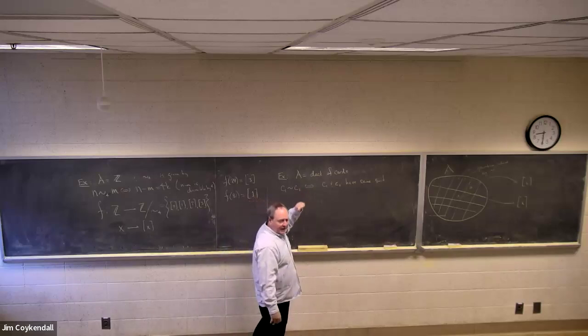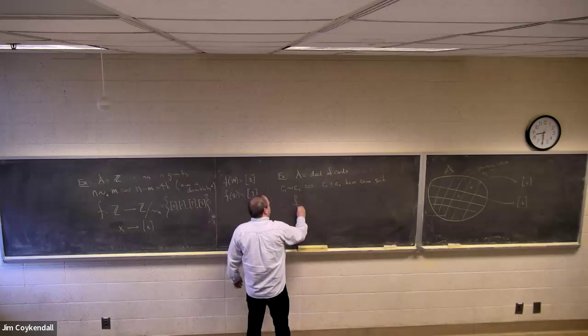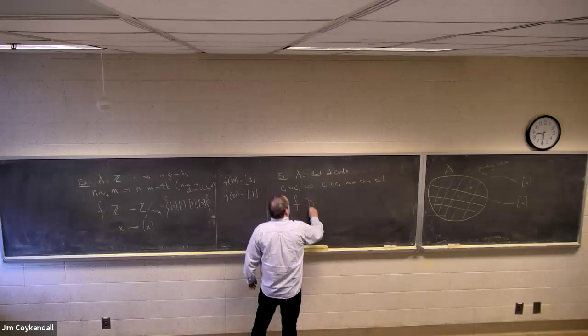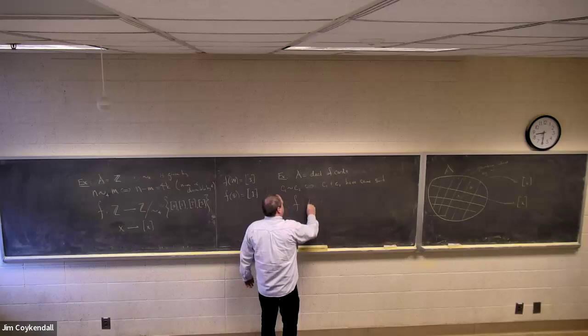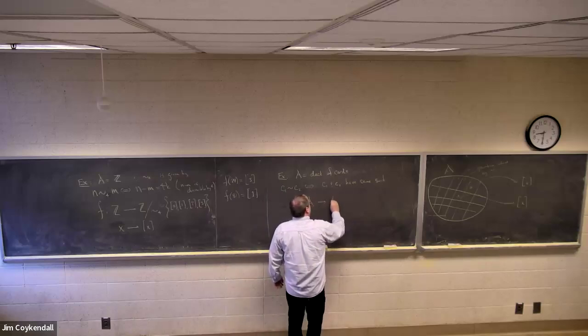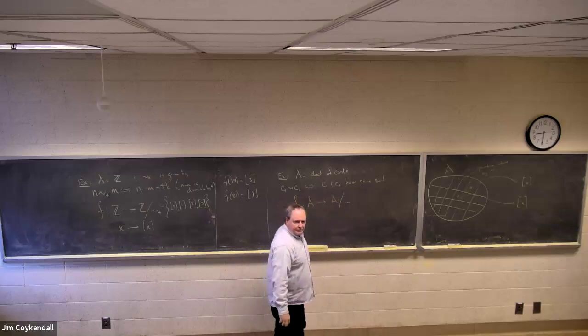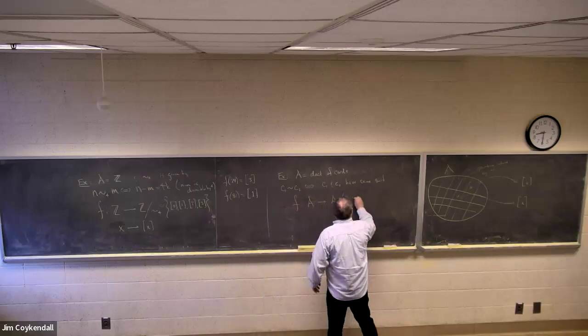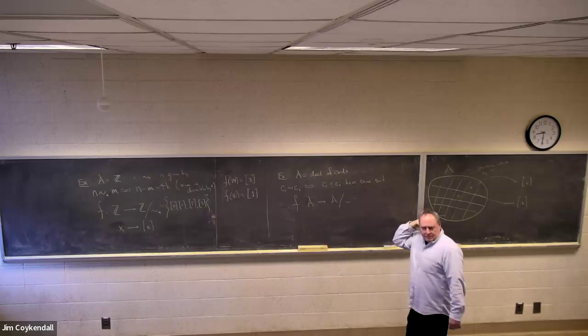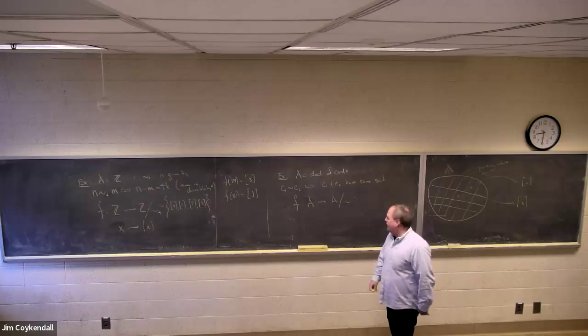This is an equivalence relation. f goes from A to the set of equivalence classes. How many equivalence classes are there here? Four, one for each suit.